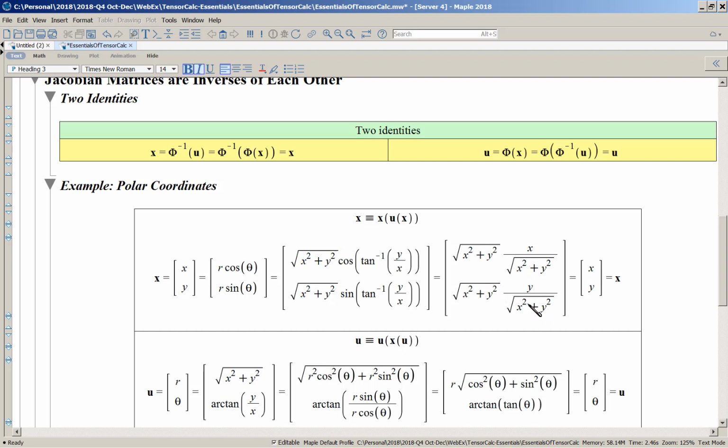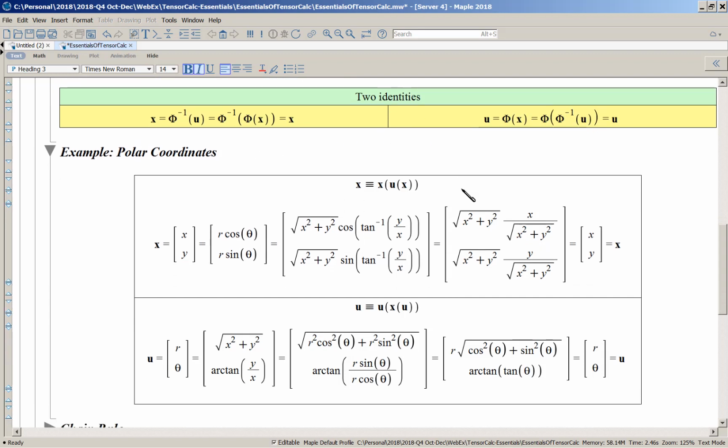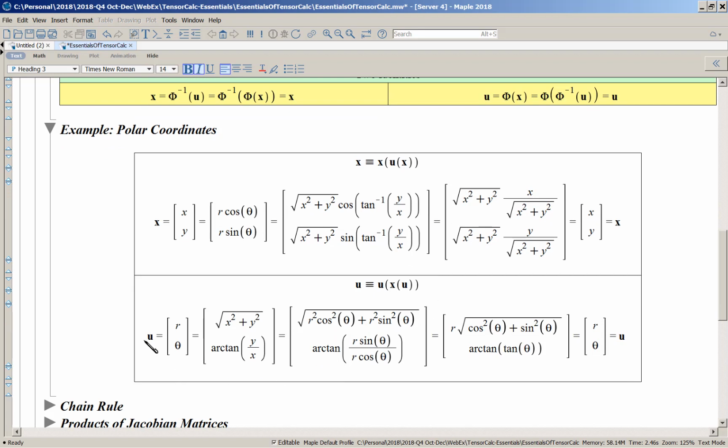These square roots cancel. You get back x and y. That's the vector x. This is the kind of calculation that you have to go through once in your life to understand what these basic identities look like. And if you go the other way, you start with u.